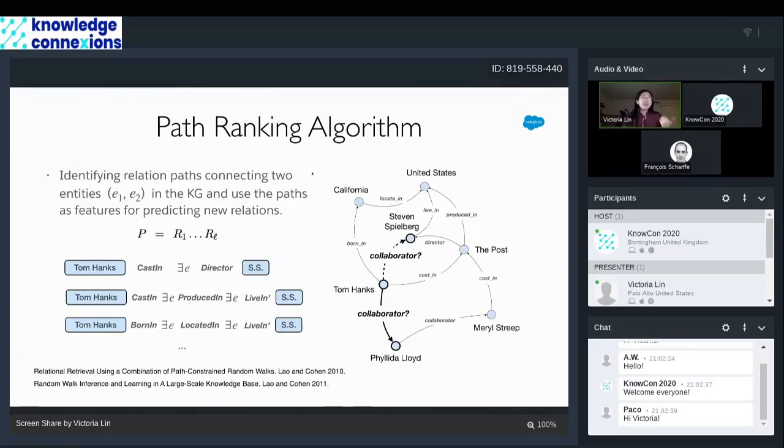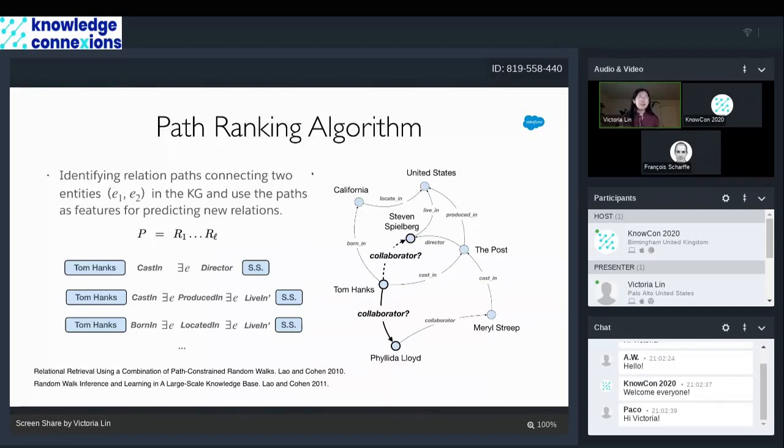For example, in this case, as long as we know Tom has cast in some movie directed by Steven Spielberg, we can infer that they have a collaborator relationship. We don't need to know exactly what movie it is. That's why a lot of path-ranking based algorithms don't include the intermediate entities in the representation.